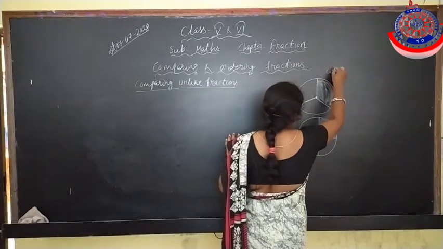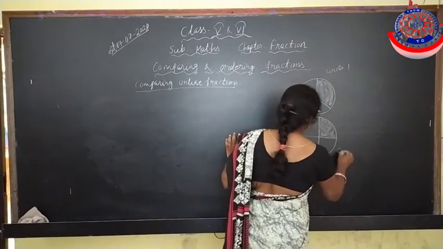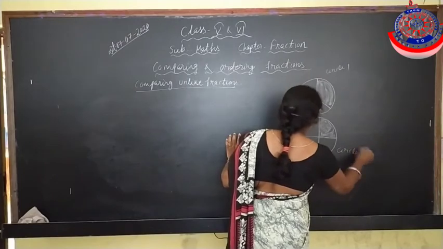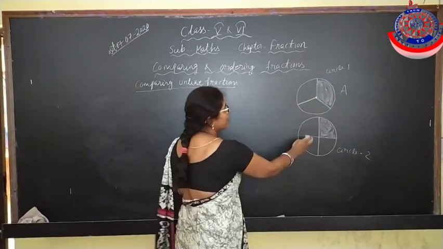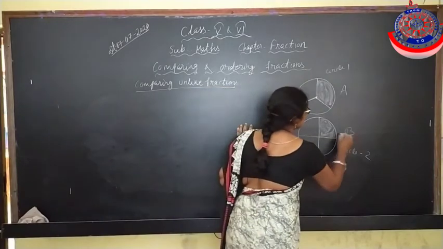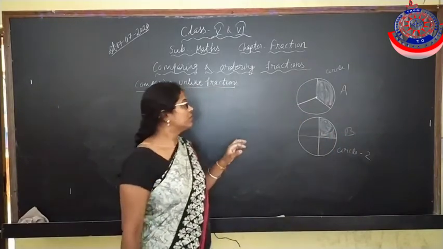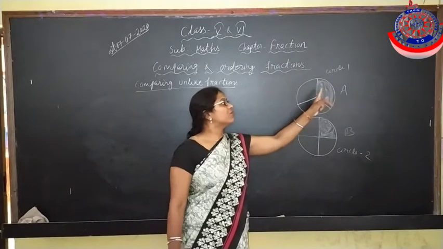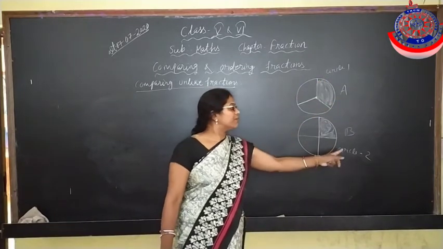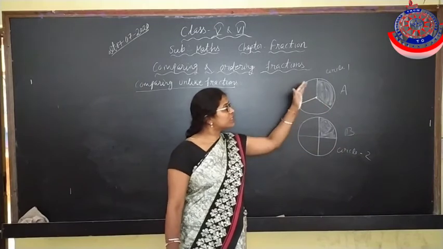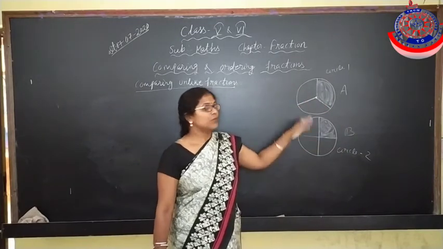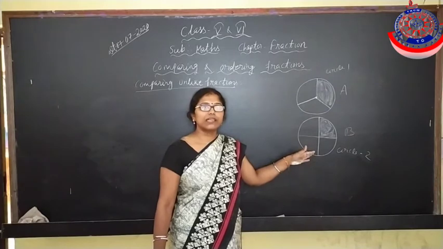Circle 1, circle 2. A has colored one part of circle 1 and B has colored one part of circle 2. Both circles are the same size.